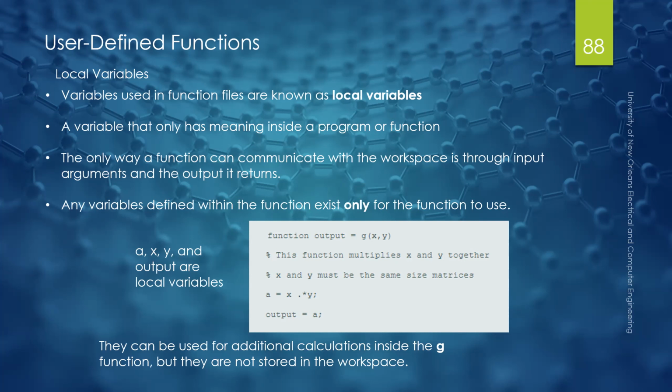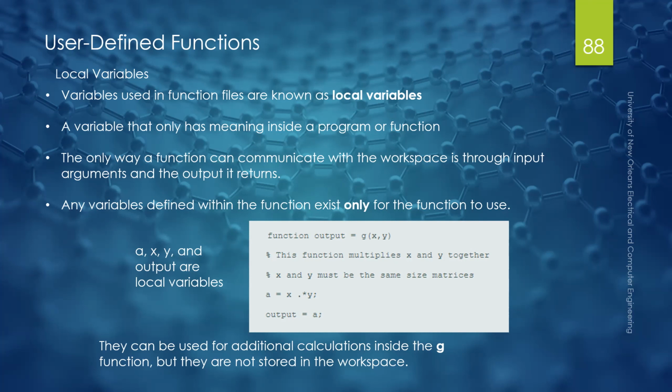x and y are the two inputs to the function, and the variable that stores the output is called output in this case. But in this example, A, x, y, and output are all local variables, meaning that they only have meaning within the function itself. If we try to do something with those variables, if we call A or output or any of the other local variables, you won't find them.